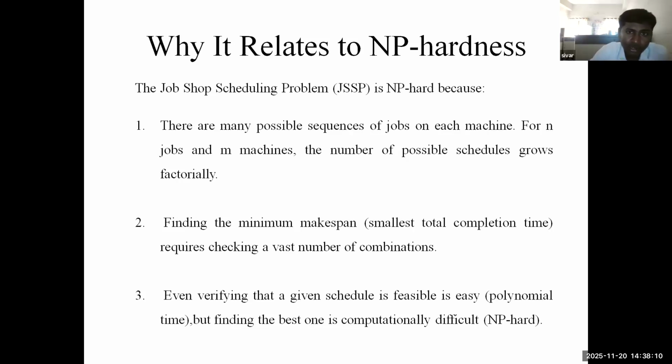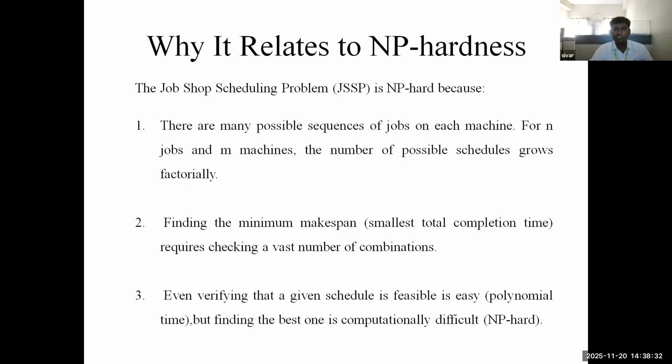Okay, the question is why job shop scheduling comes under NP-hard problems. You can increase the machines or you can increase the jobs. It is difficult to complete all the jobs on specific machines. Okay, two jobs, two machines you can solve very easily.